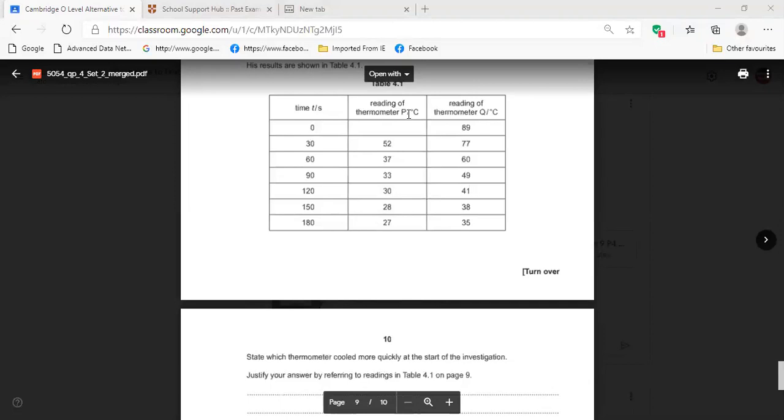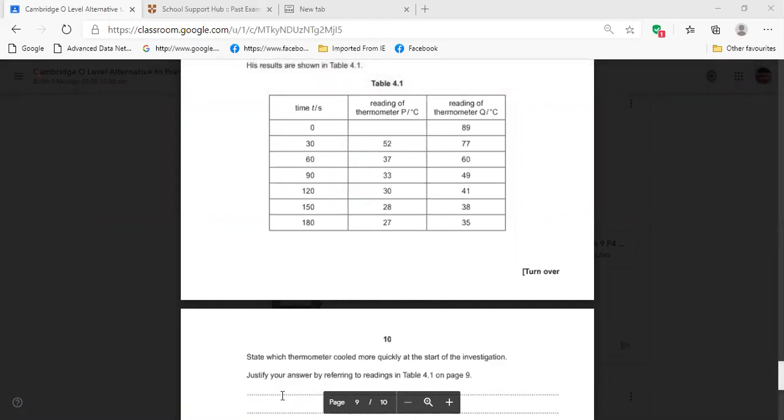You should mention the time, how you are comparing it. Your answer should be P, because there is a larger temperature drop in the same time.